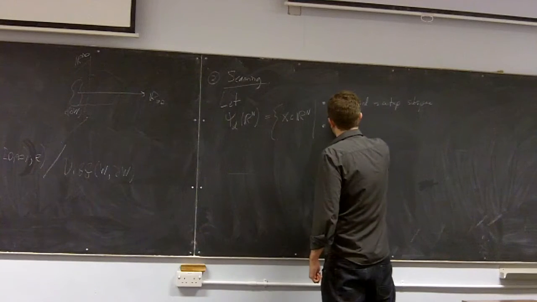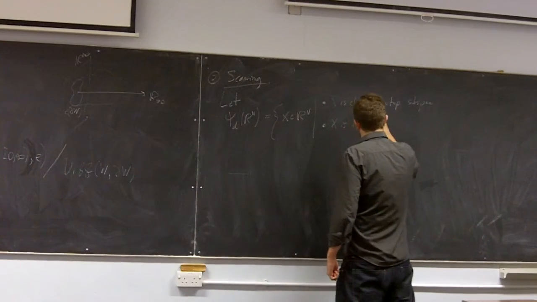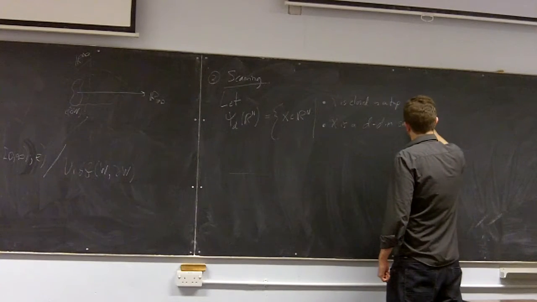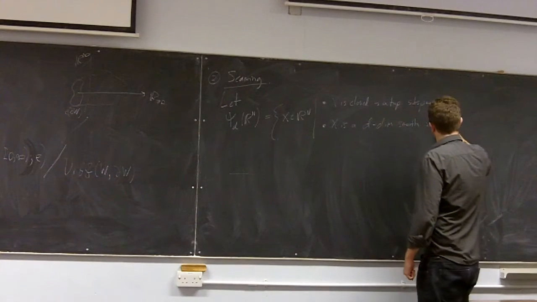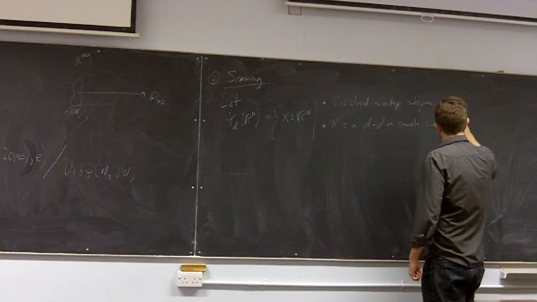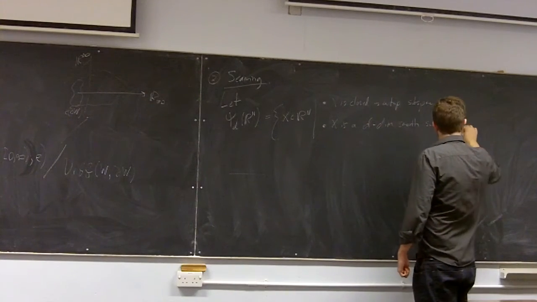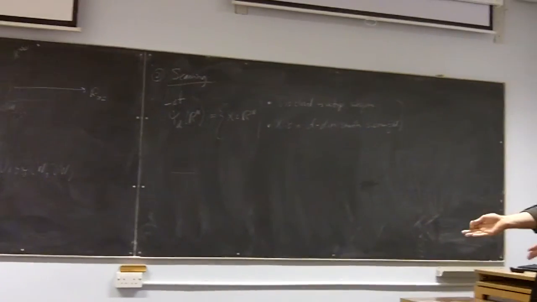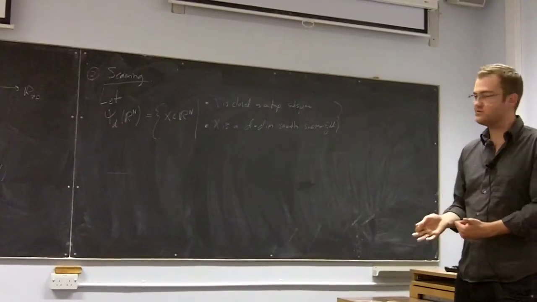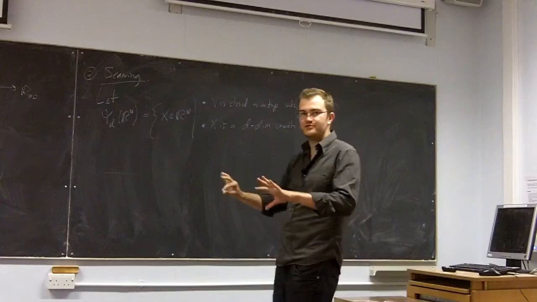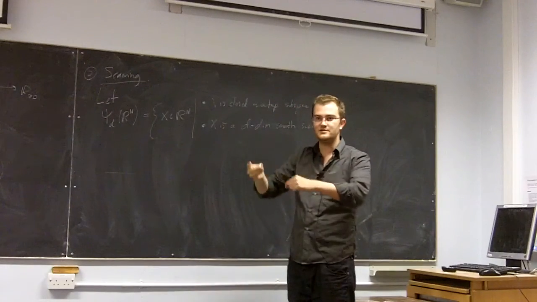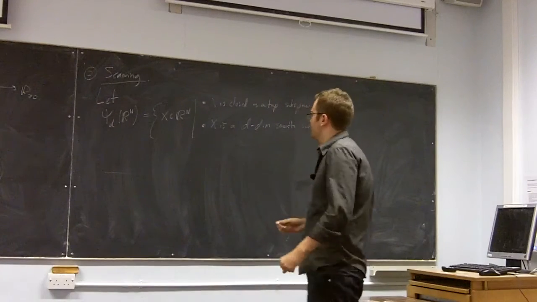And the second one is that X is a d-dimensional smooth submanifold. Okay, so I take the set of all subsets of Euclidean space which are smooth d-dimensional submanifolds, and also are closed as a topological subspace. This is just to exclude things like spirals that accumulate onto themselves and stuff like that.